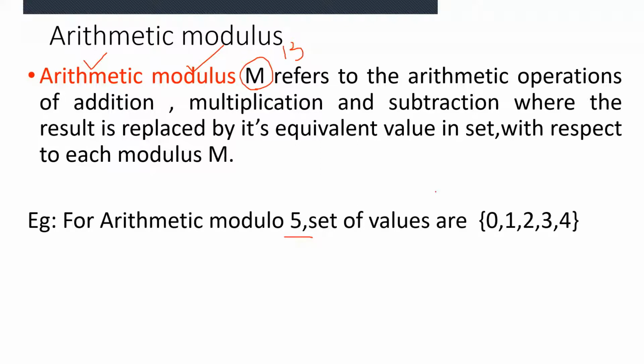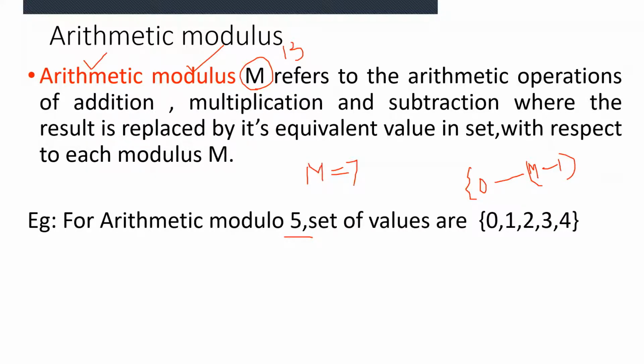Likewise, for any number m, the set of values will be from 0 to m minus 1. Understood? So if you take 7, what are the set of values? Nidin, can you tell me the set of values if m is 7? 0 to 6. So this will be the set of values.